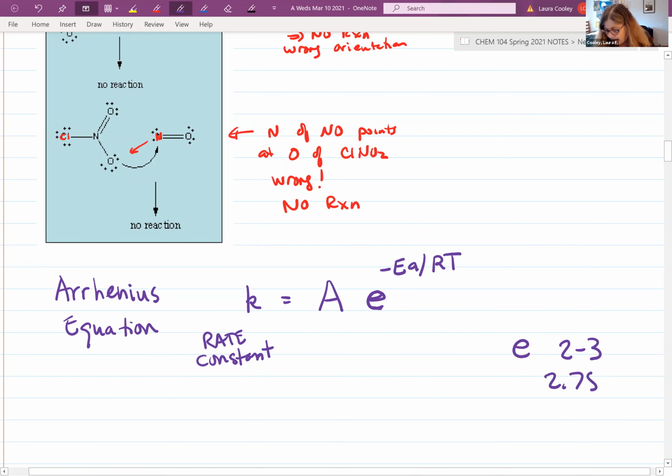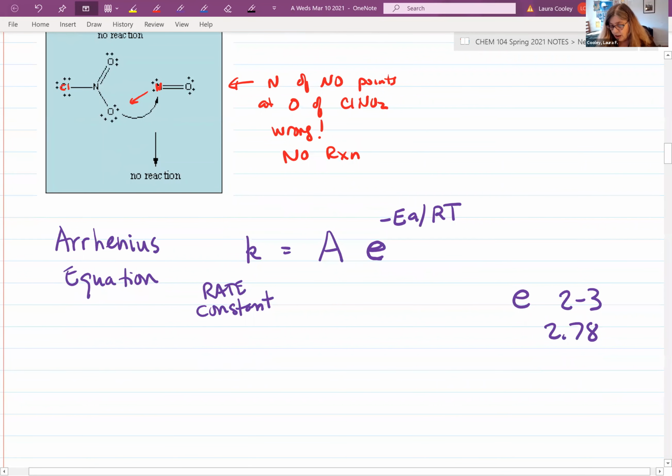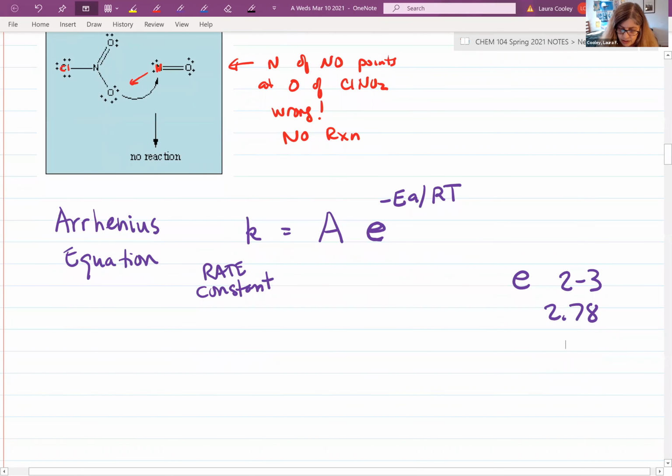It's actually around 2.78. It is kind of a magic thing, but it's really only a number. It's a small number like that. I'll talk to you later about 3 to the minus x, and that's kind of what this function is like.